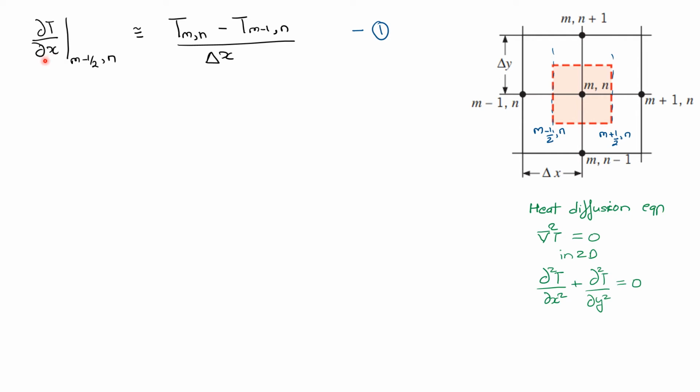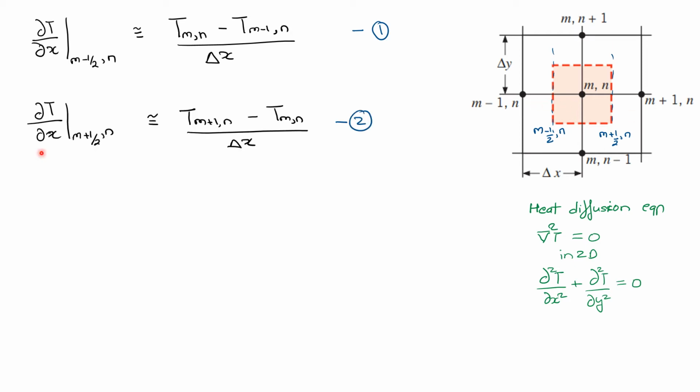So our del T by del x at m minus half comma n can be approximated as, because your delta x's and delta y's are small, the temperature T of m comma n minus the temperature T of m minus 1 comma n divided by delta x, which is the distance between the two nodes.